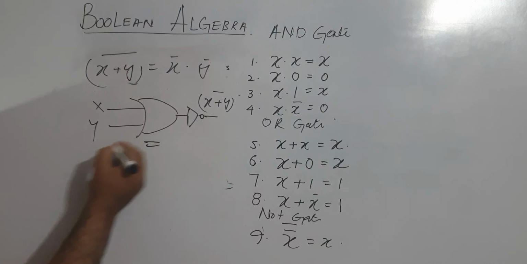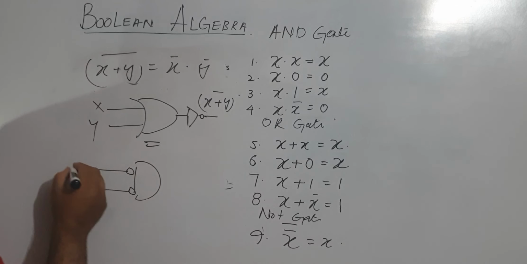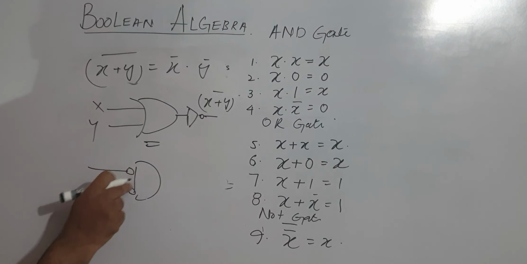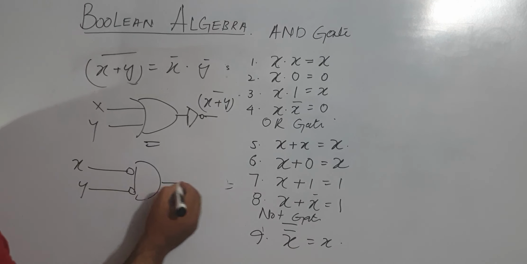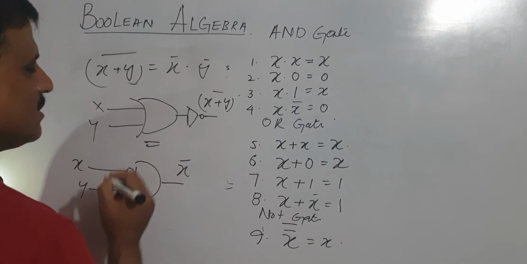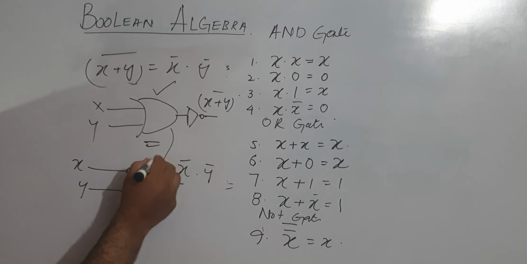So it is exactly equal to this circuit with an AND gate having two NOT gates at its inputs, and here we have the x input and the y input. It is x complement dot y complement. So the functionality of this is exactly equal to this.